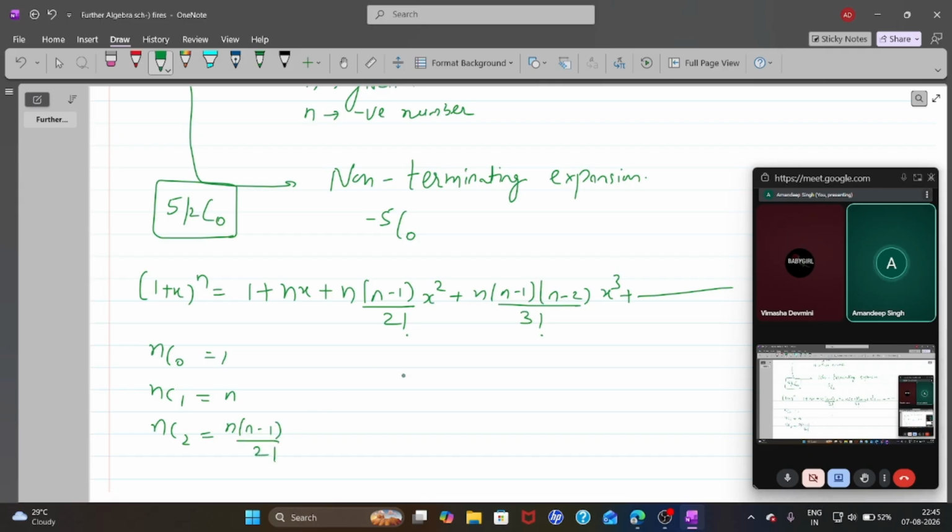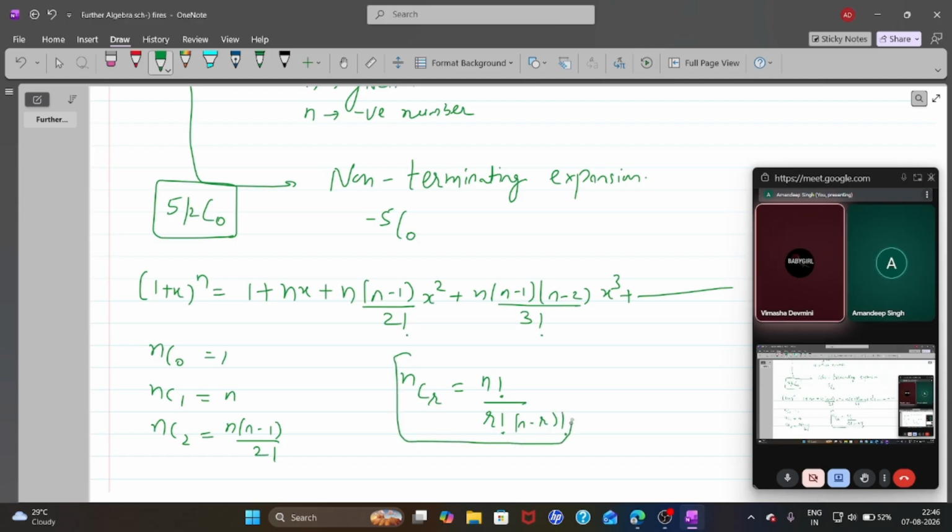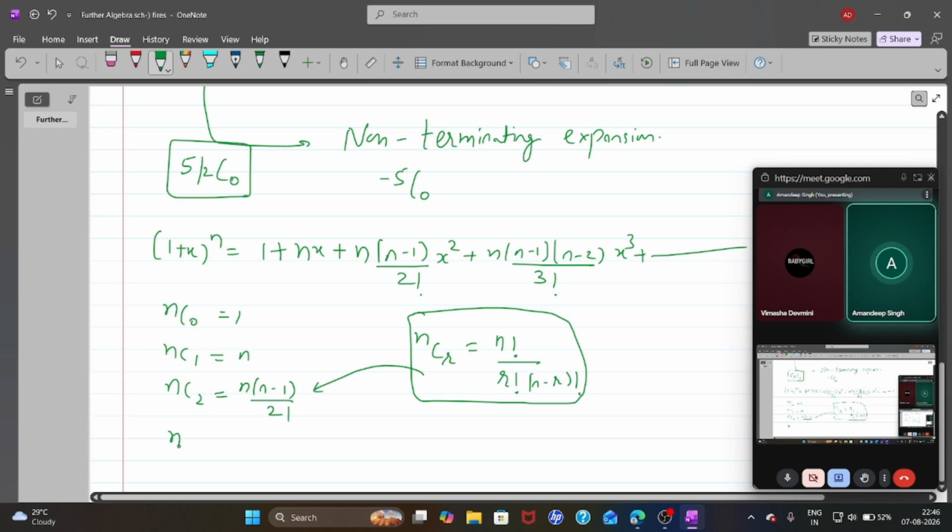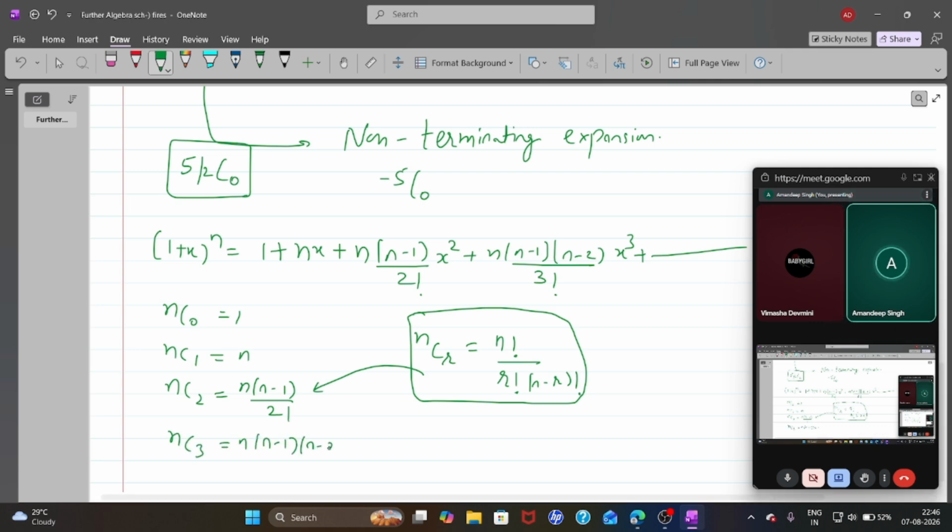How will you expand that? Maybe we have learned this formula in permutation and combination in grade AS: n factorial over r factorial times n minus r factorial. If you expand this formula, you will get these results. Similarly, if you expand NC3, you get n(n minus 1)(n minus 2) over 3 factorial.